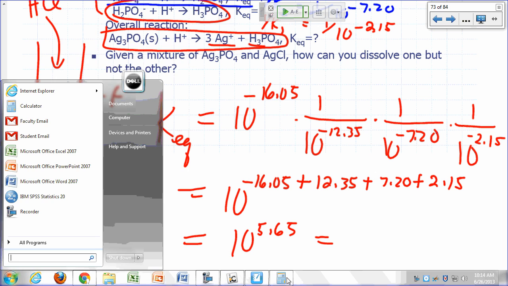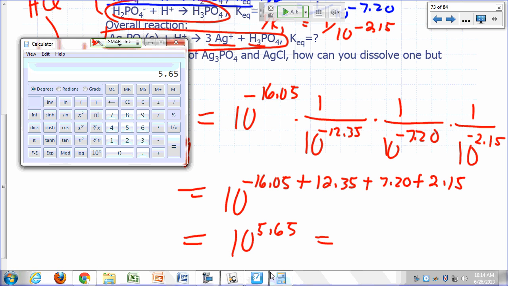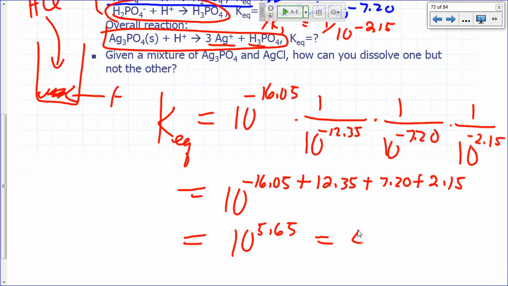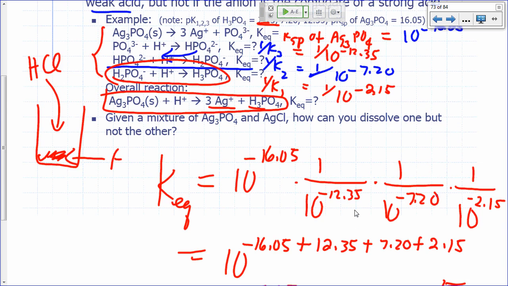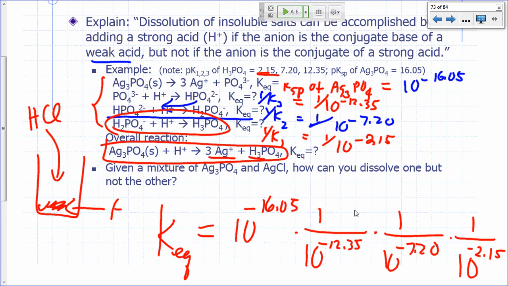And that should give you, inverse log, 4.46. Okay, or 4.5 times 10 to the 5th. That's a large KEQ. And so silver phosphate is soluble in acid.